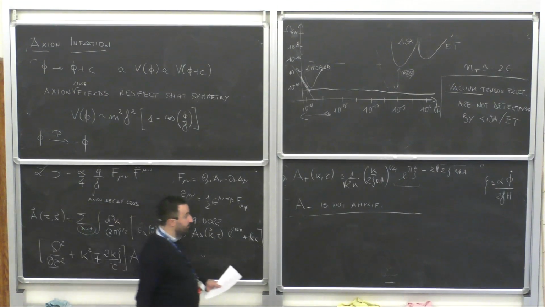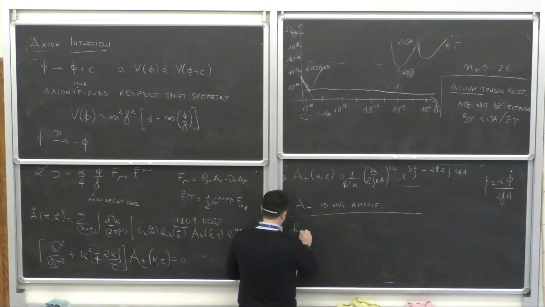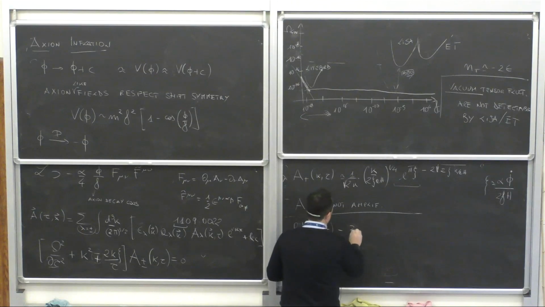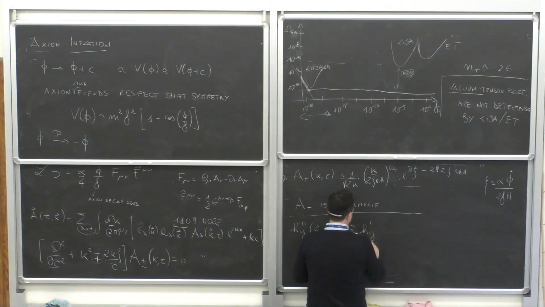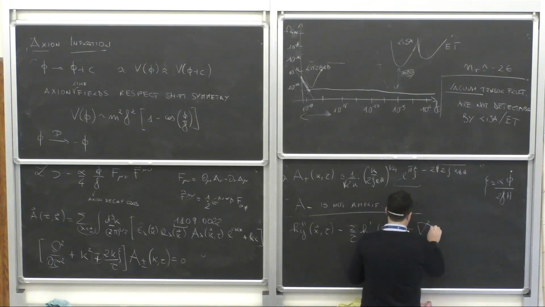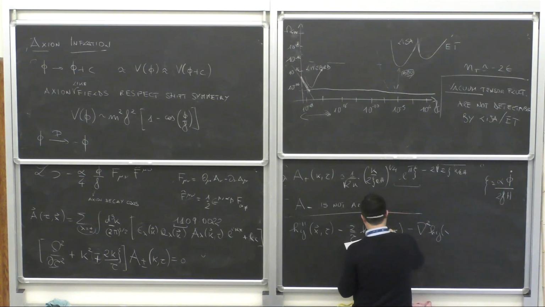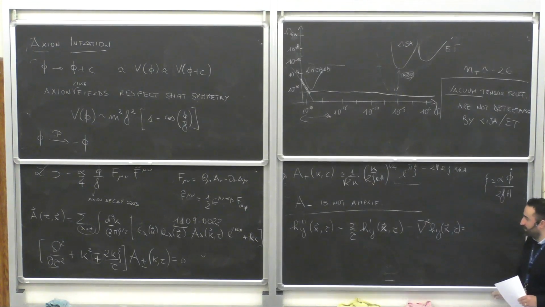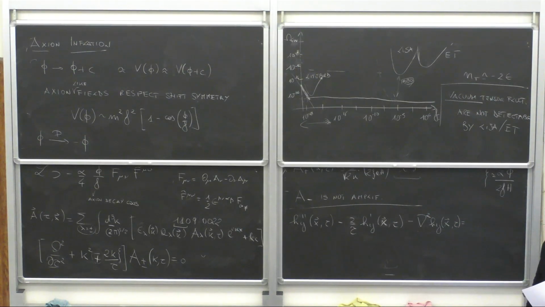So we are looking for the gravitational waves. If you compute the equation of motion in de Sitter for the gravitational waves, you include the tensor part. This is the equation of motion for my usual gravitational waves.